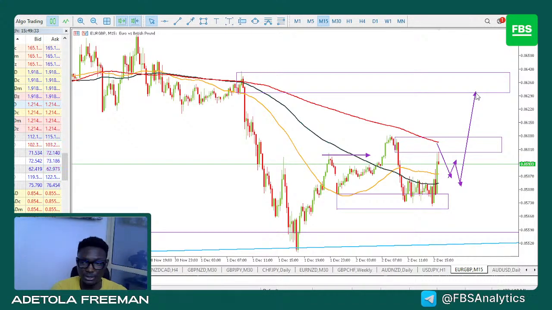All right, so something along that line is my expectation for EURGBP.